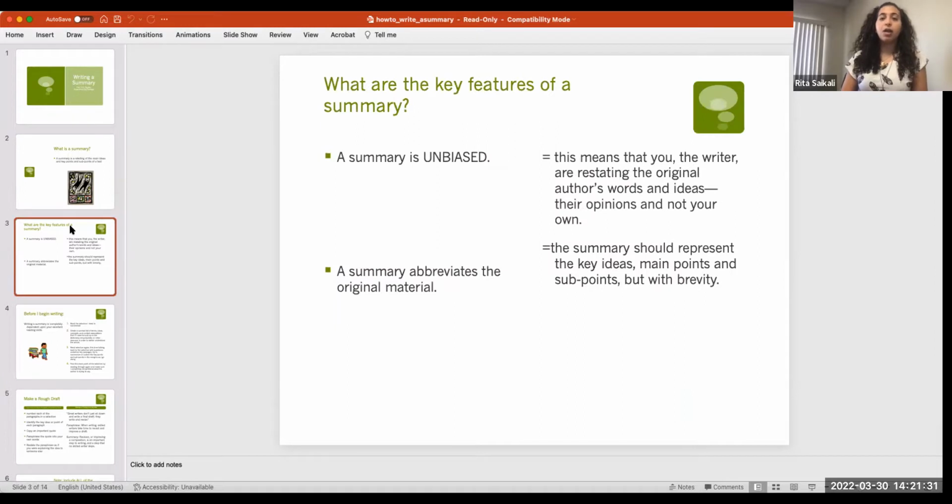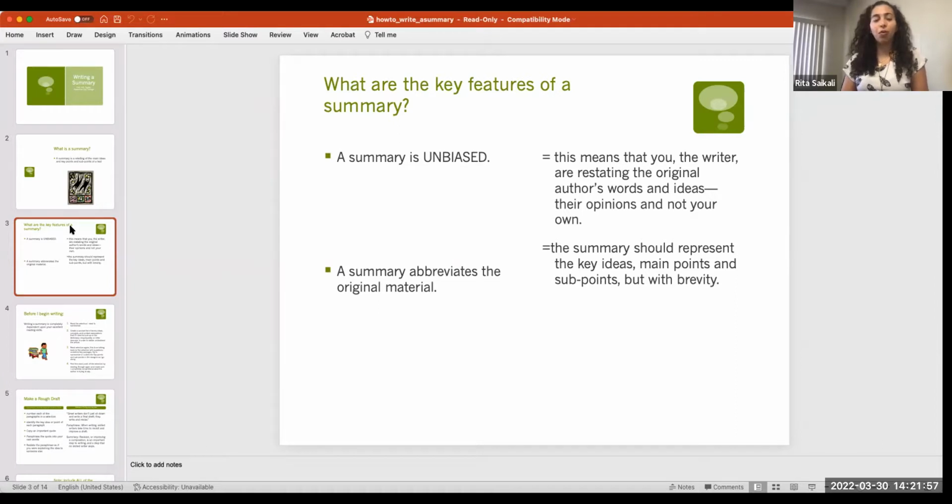All right. So what are key features of a summary? A summary, you guys, is unbiased. What does that mean? Does anybody know what unbiased summary means? No? Okay. So there is no opinion. It's not about your opinion. It's about what the writing is about.